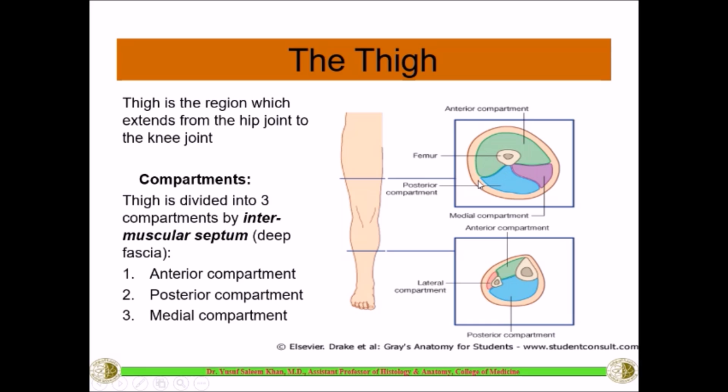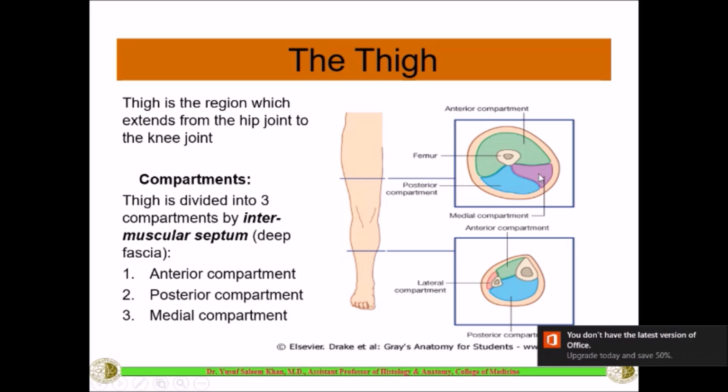This is called the intermuscular septum. The intermuscular septum separates these three compartments. It is nothing but the modified deep fascia present between the compartments. The largest compartment here is the anterior compartment, and there is a posterior compartment and a medial compartment.